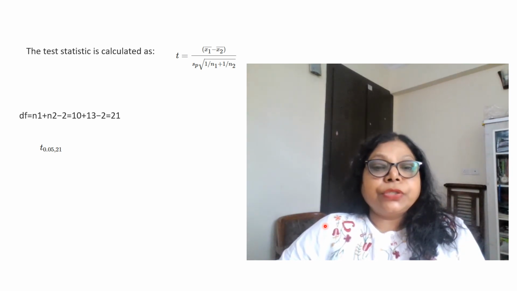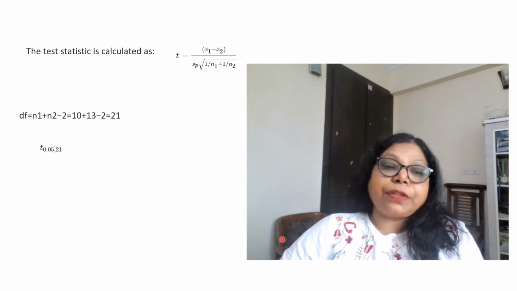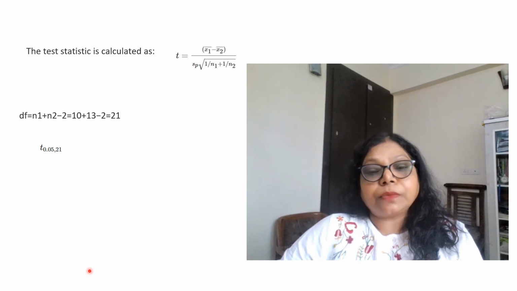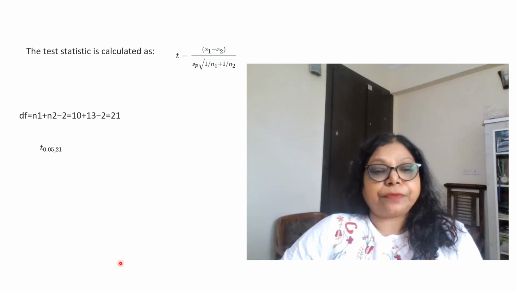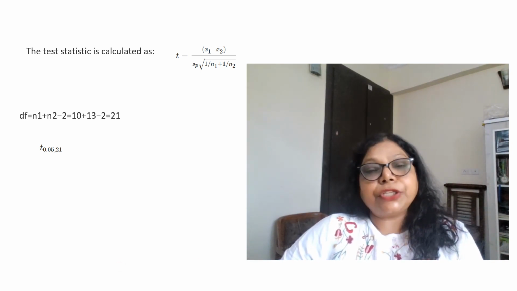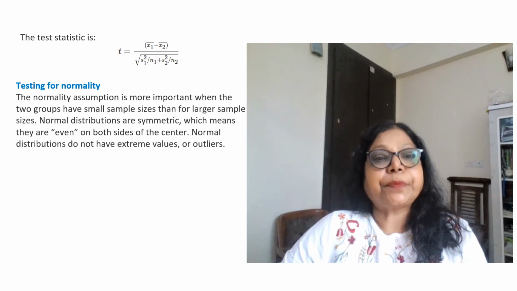Now, what if the t-test is to be found with unequal variances? When the variances of the two groups are not equal, we cannot use the pooled estimate of the standard deviation. Instead, we take the standard error for each group separately.